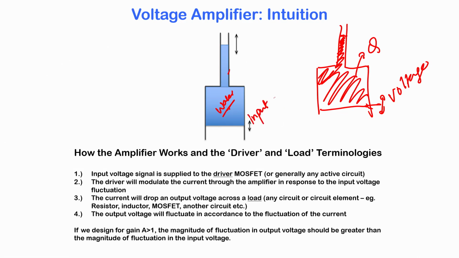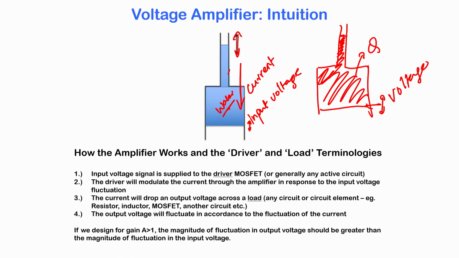The input voltage is very small, but since the flux, or the current through these two pipes, has to be the same, a small fluctuation here, simply because of the geometry of this design, becomes a very large fluctuation there. So, that is exactly how a voltage amplifier works, that is the best intuition.